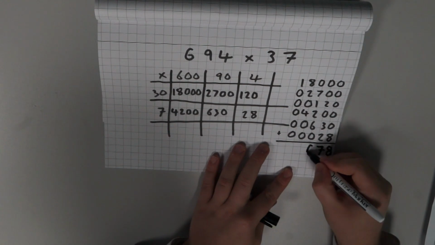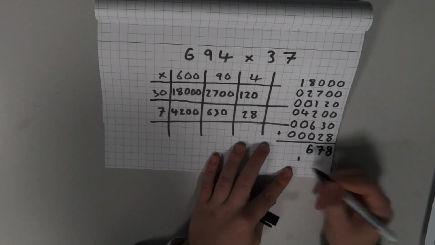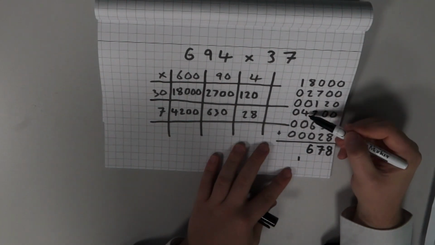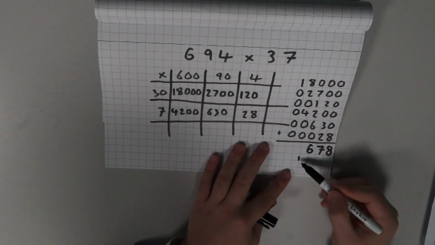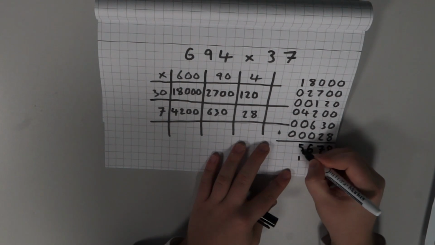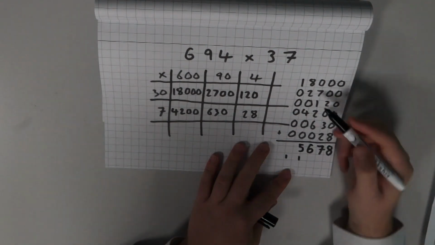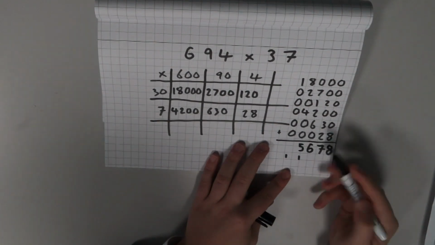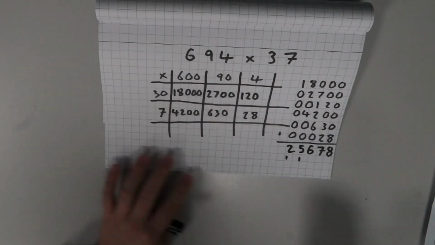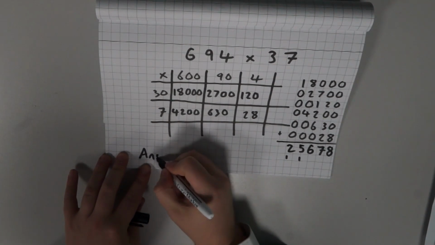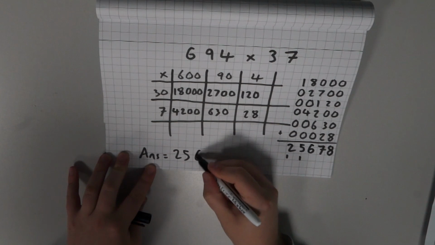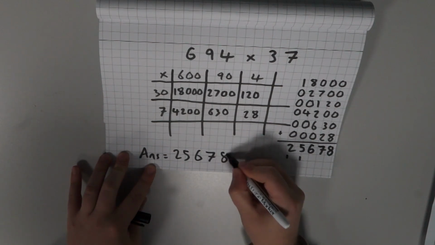So remember when I'm adding, I put the 6 there, carry the 1 underneath. 8 add 2 gives me 10. 10 add 4 gives me 14, plus the extra 1 I've got here is 15. So 5, carry the 1 there. 1, and then I've got zeros here. Add the extra 1 I've got on the bottom, so 2 altogether. So my final answer is 25,678.